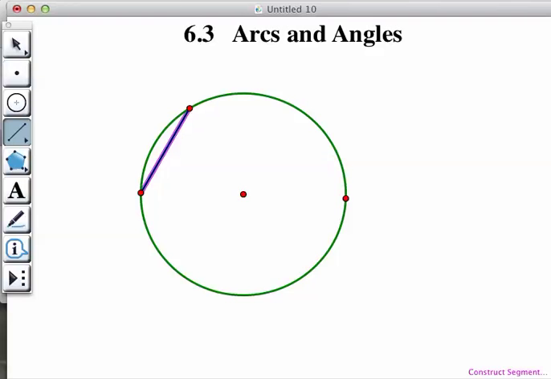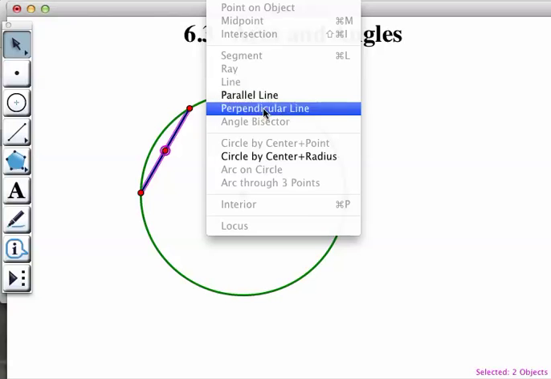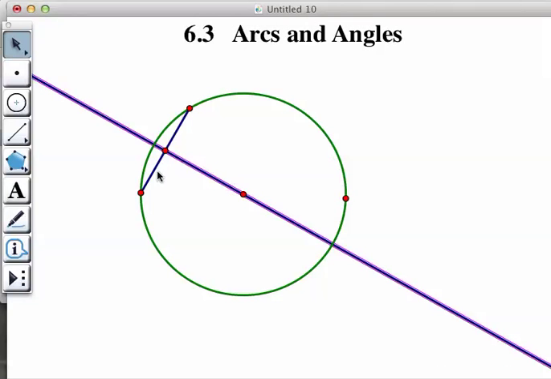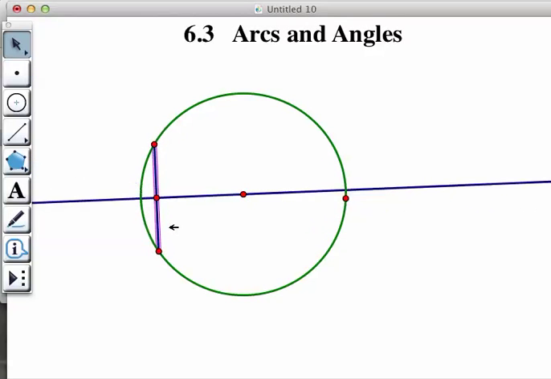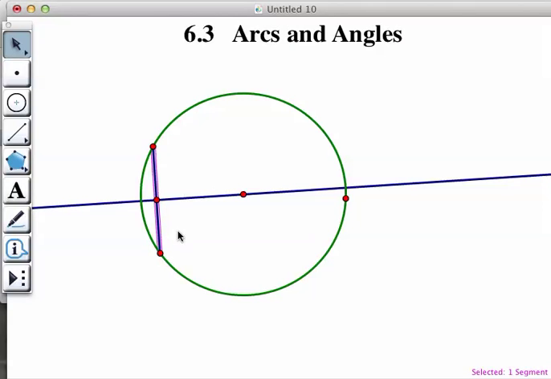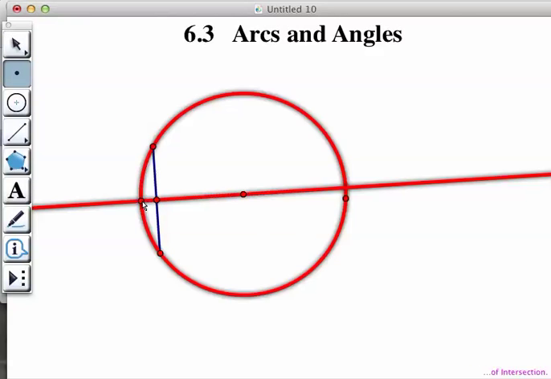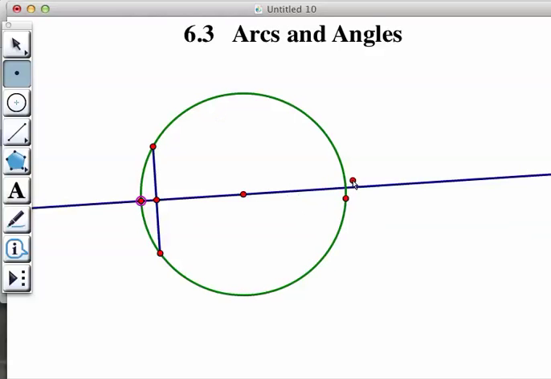I'm going to create a chord, find the midpoint of it, create a perpendicular line through it, which we know is going to pass through the center. Make this set up a little bit nicer here. I'm going to find where that perpendicular bisector to the chord intersects the circle. And then I'm going to make a line segment between it.